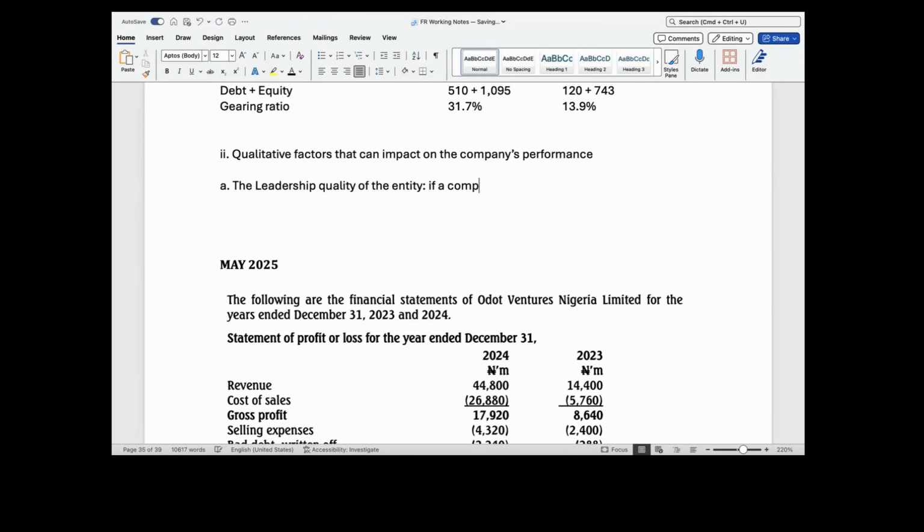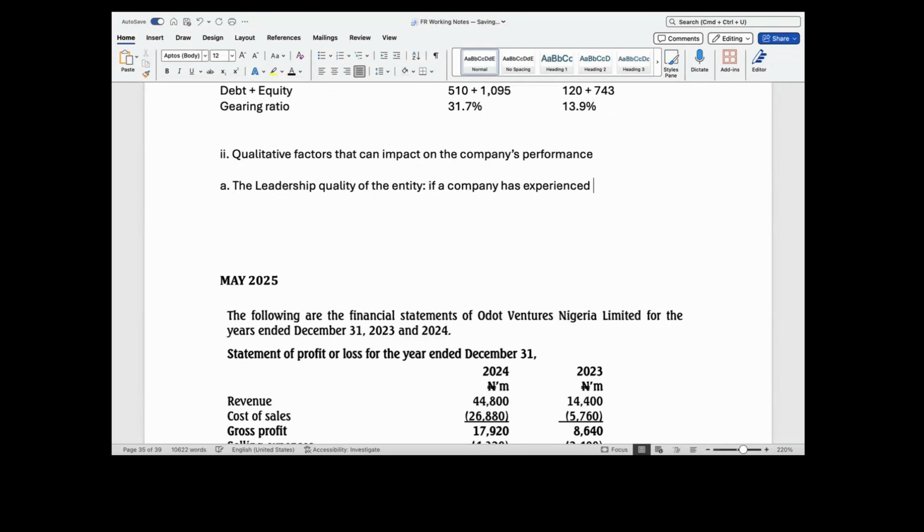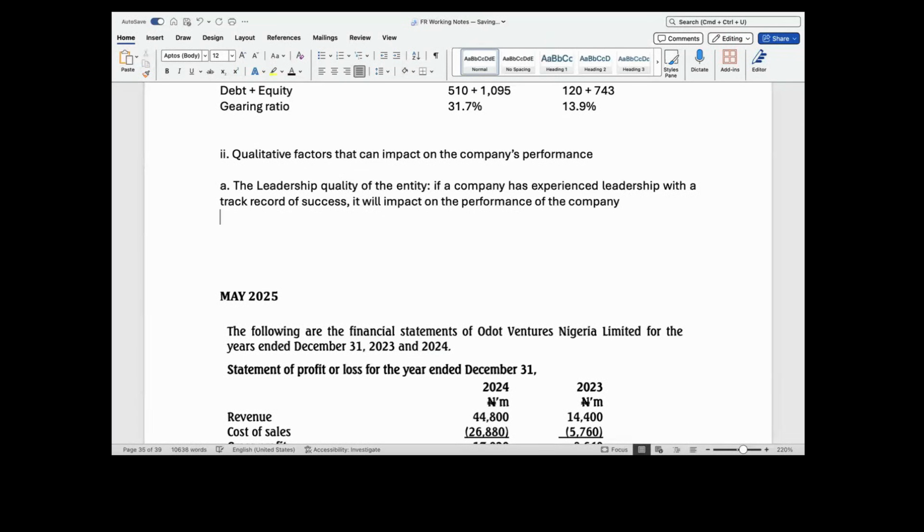If a company has experienced leadership with a track record of success, it will impact the performance of the company.